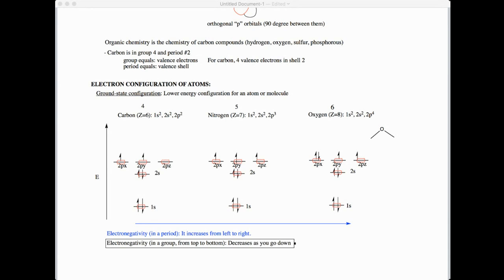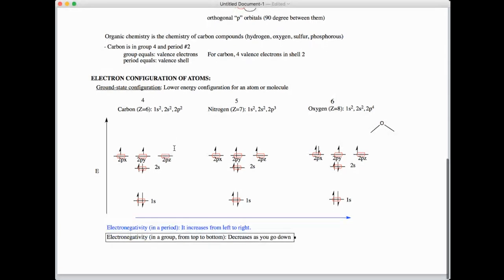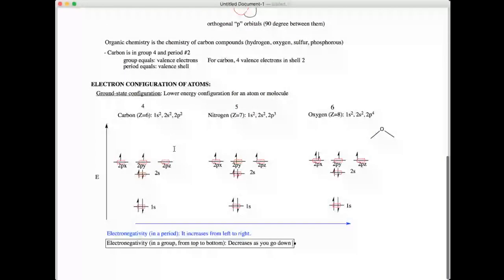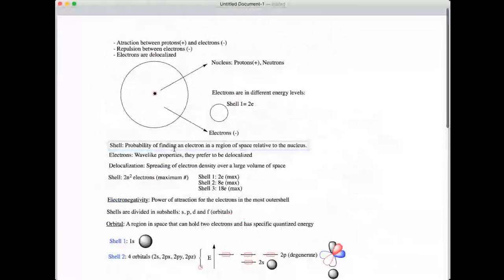So with this information in mind, what I want to do is to also briefly go over with you the Lewis model of bonding, which is also something that is important. And so I'm going to write it over here. Okay, I'm going to make a new page.